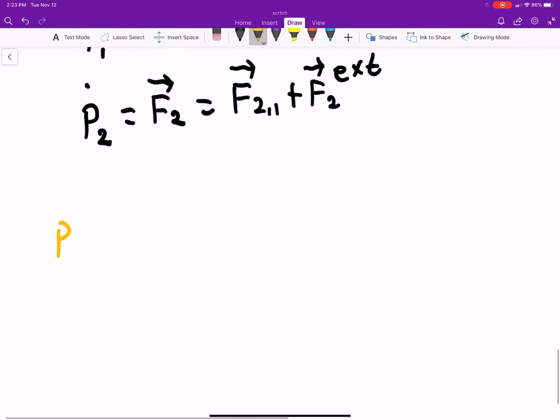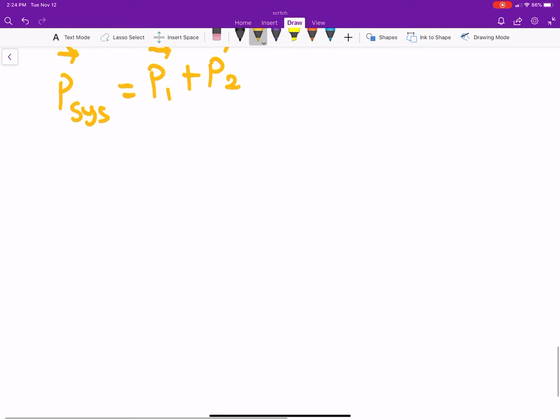Now the momentum of our system, we'll just do momentum, not the change yet, is equal to the momentum of our first particle plus the momentum of our second particle, or Earth and Moon, doesn't really matter. They normally call it particle, but you could think of it as planets, or whatever. So the change in momentum of our system is equal to the change in momentum of our first particle plus the change in momentum of our second particle.